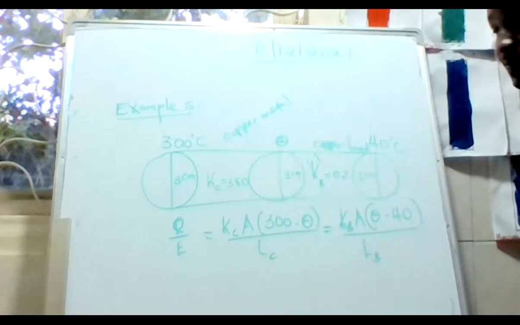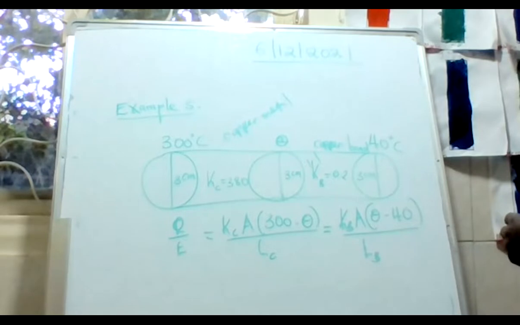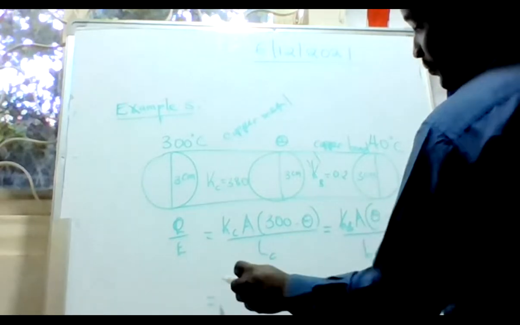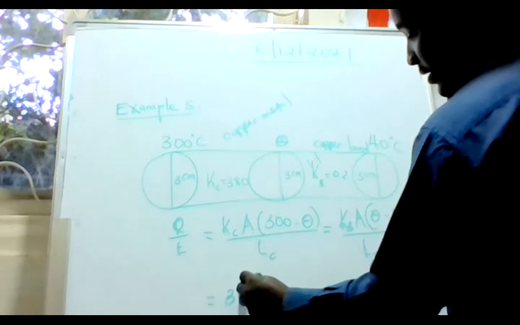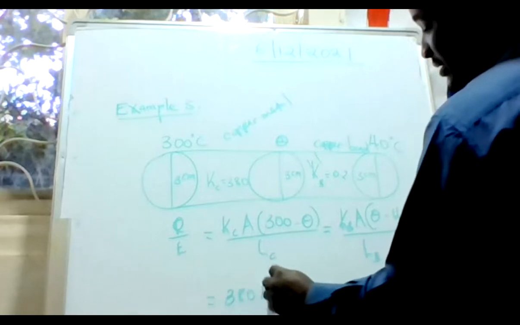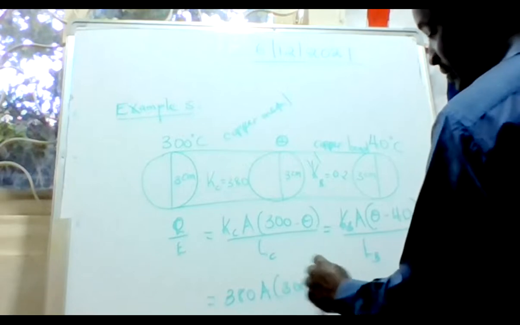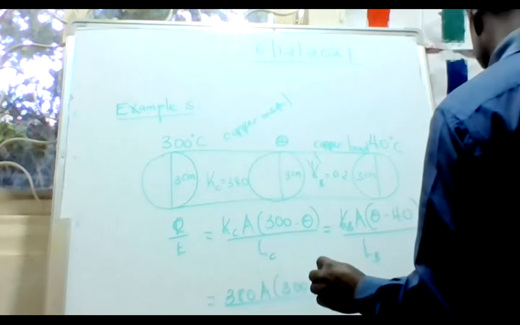Now we know the lengths, which are the thicknesses. So this is going to be equal to 380, area A cancels, into 300 minus theta divided by the thickness of the copper, which is 15 centimeters.